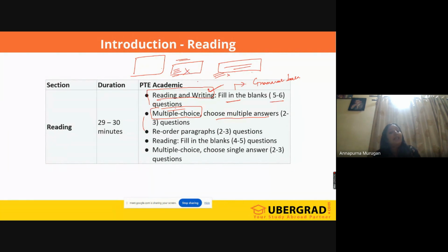Remember, if exactly 3 answers are correct, you need to mark exactly those 3. Say, for example, out of these 3 answers, if you mark 2 correct and one is wrong, you won't be getting the score there. Got it? So be very careful about this part.